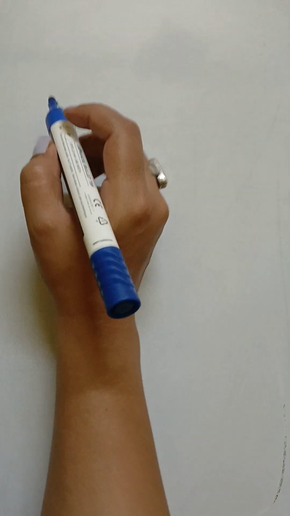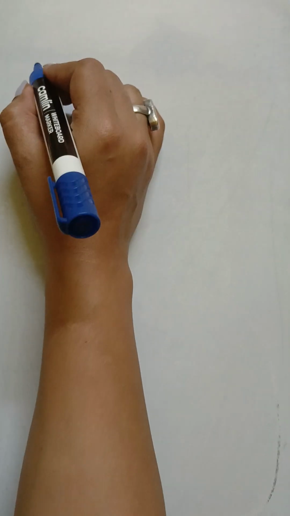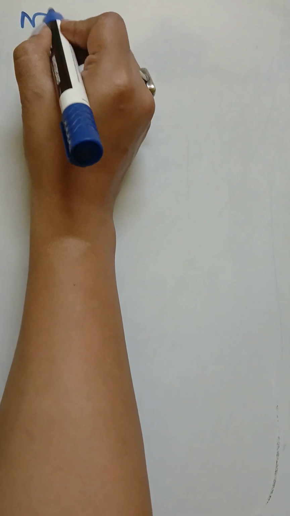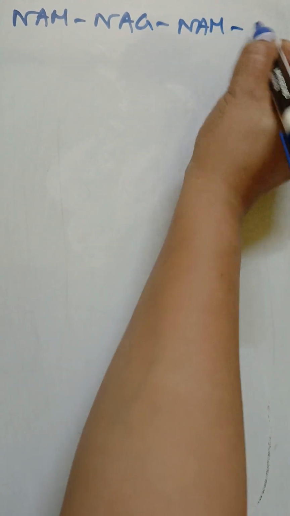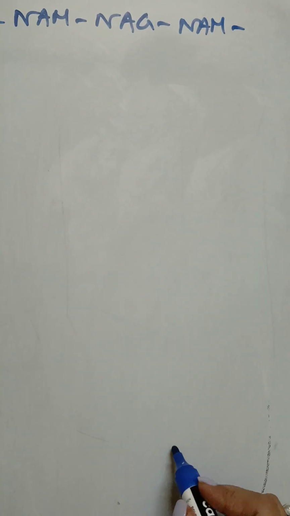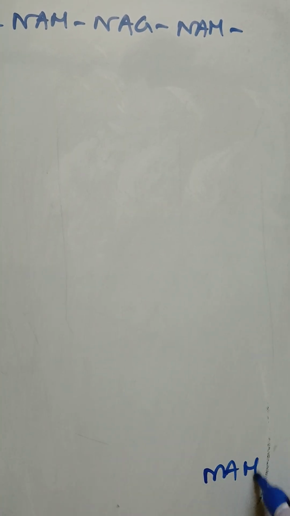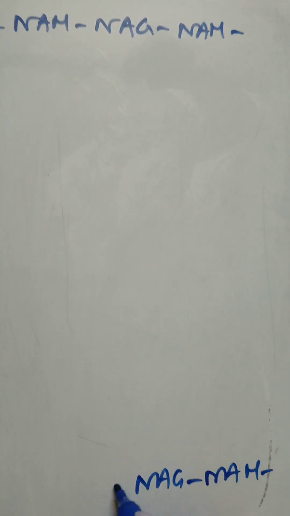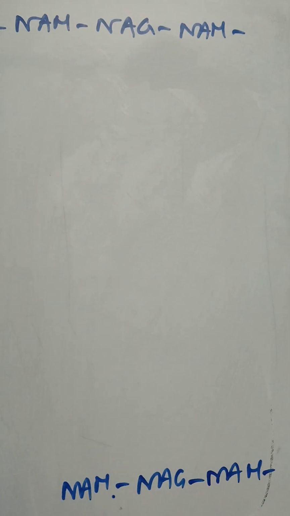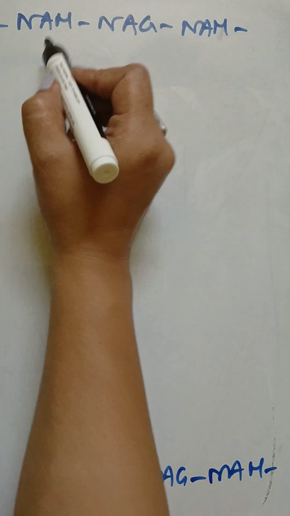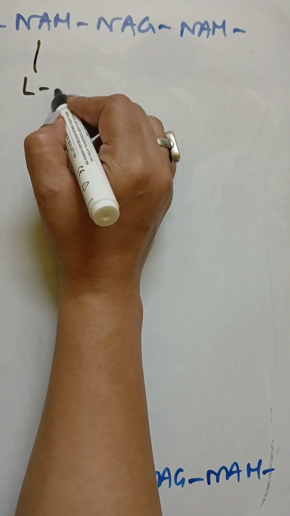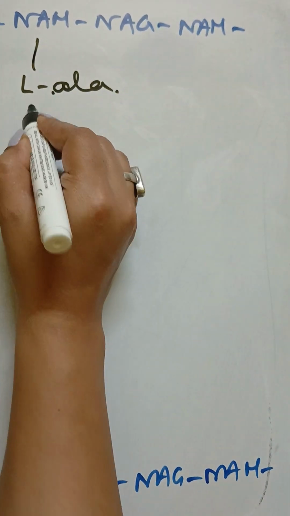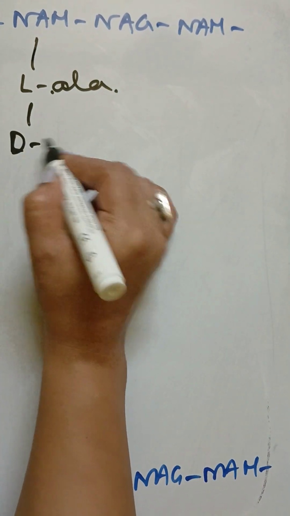The most important thing is, in case of gram-negative bacteria, the PDG layer again contains the NAG residues, like the gram-positive one. But here, from the NAM, the first one is similar to gram-positive bacteria, that is L-alanine. Then the second one is D-glutamic acid.